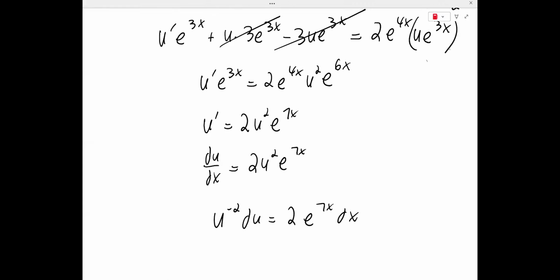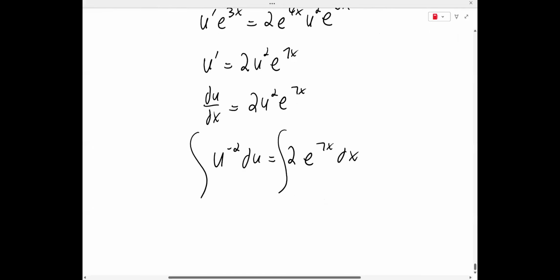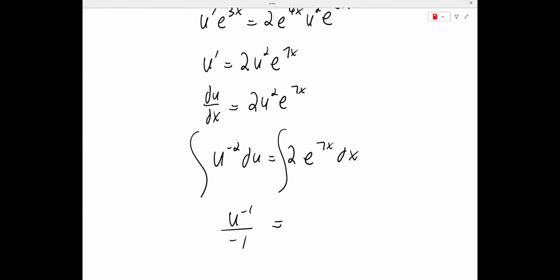Okay, separate it. Now integrate both sides. This becomes what? u to the negative first divided by negative 1 on that side. And now how about over here? What becomes of this if you integrate it?